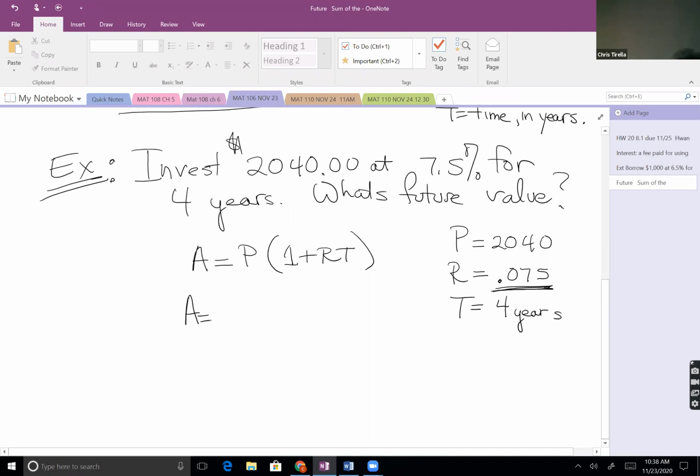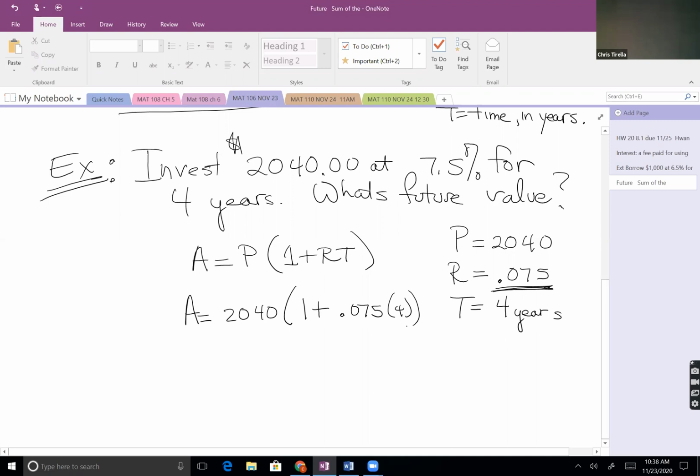So substituting, I get A equals P, which is 2040, times parentheses 1 plus 0.075 times 4. Now, I typed that in my calculator just as it looks.